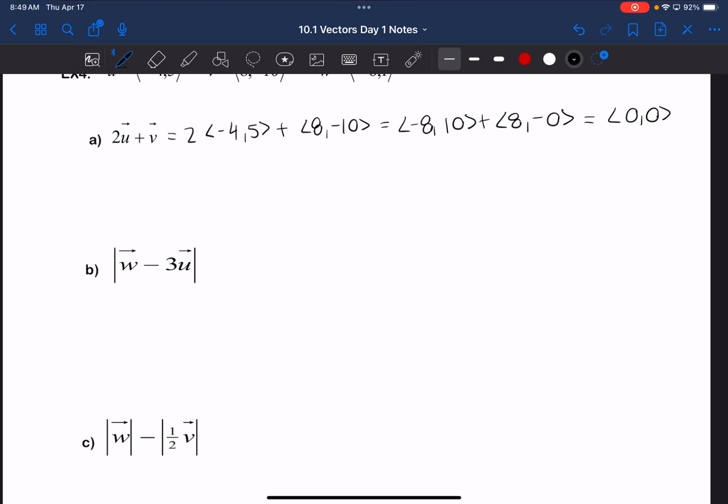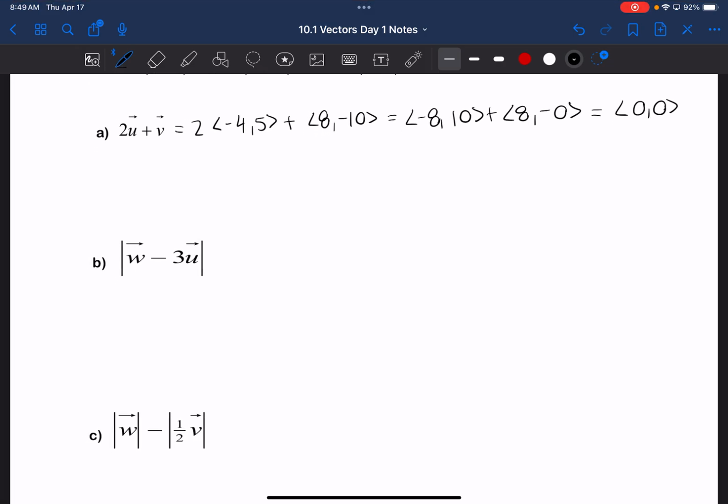All right, letter B, on the other hand, does have absolute value bars on the whole thing. Remember, they could also do double bars. Just know that it would mean the same thing. It just means once we find the vector, find the distance of said vector.